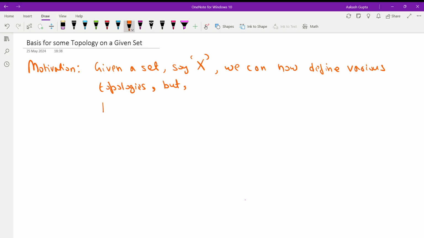let us say I give you a subcollection. So let us say script B is contained in 2 to the power X. So what is 2 to the power X? The power set of X. So let me just correct it.